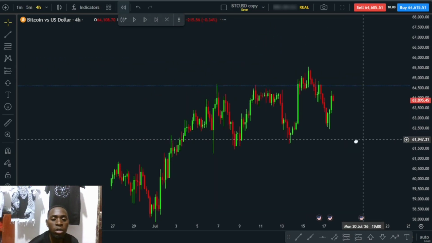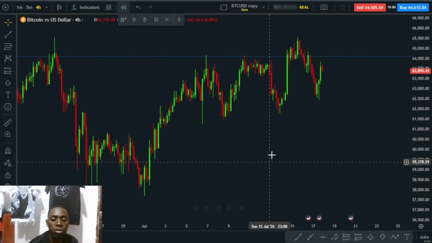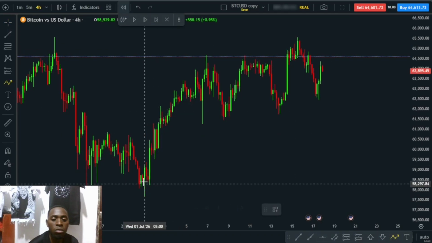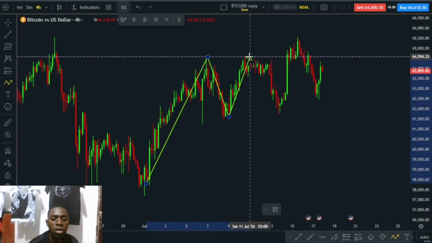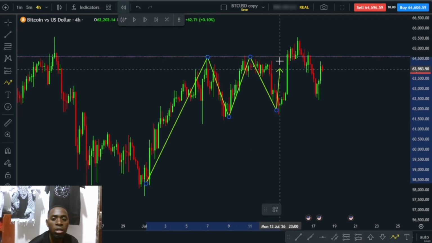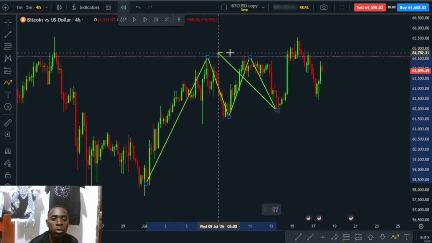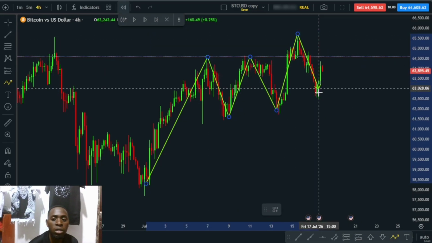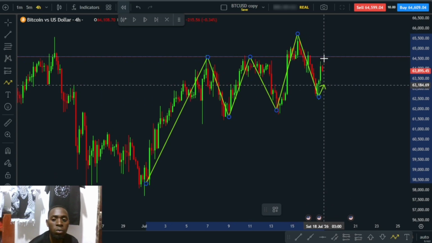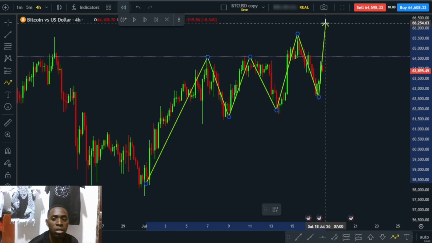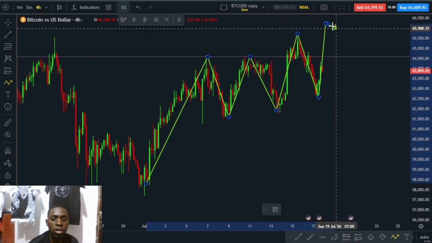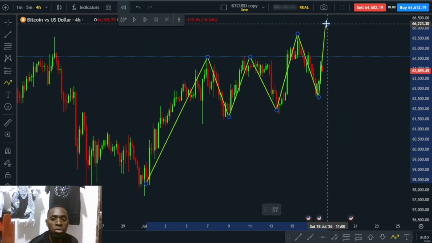As you can see, we were having a series of higher highs and higher lows, a failed high right there, a higher low, then a higher high, then a higher low. What would you expect to happen here? Obviously you'd expect a new higher high to be formed right there.